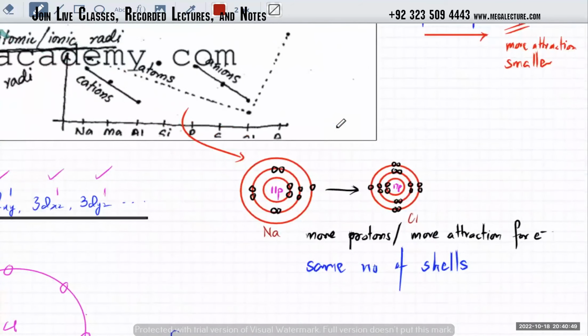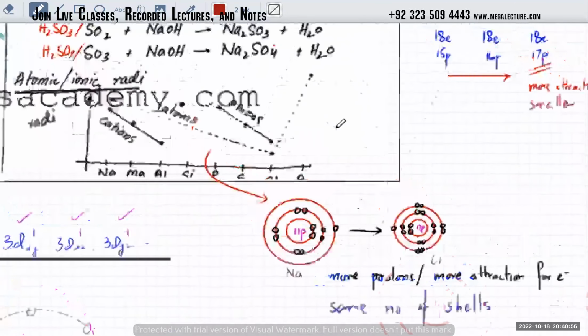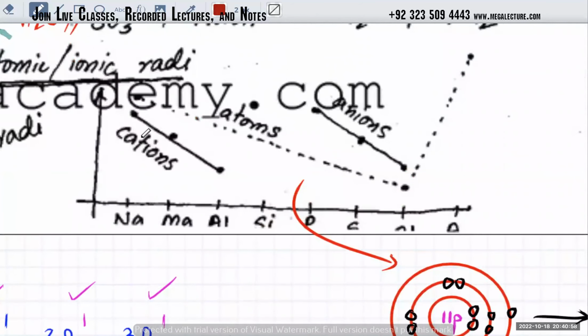Is this clear? जी sir. Yes. So then the cations are going to have a smaller size than the atoms because they lose their outer shell. जब sodium का ion होगा ना, that's going to be smaller in size because the outer electron is gone. And anions are always bigger than their atoms because they gain electrons.